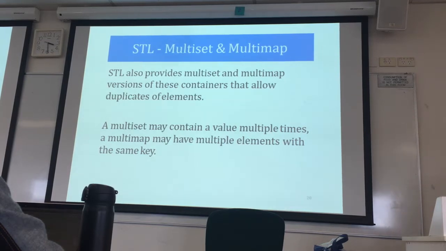Multi-sets and multi-maps allow for repeated values in a set and in a map. A multi-set contains a value multiple times, and a multi-map has multiple elements with the same key, which is an interesting thing.